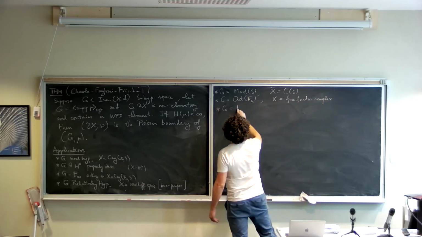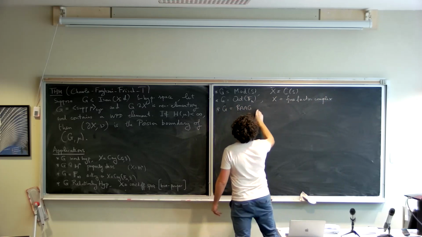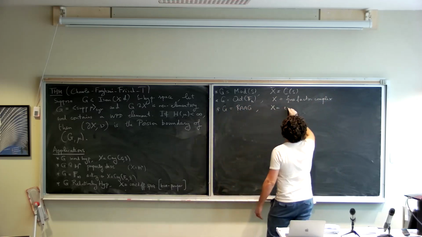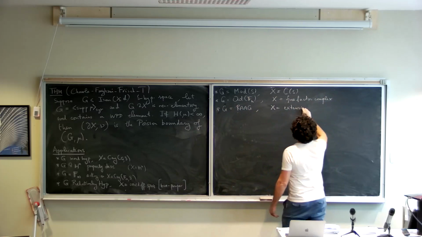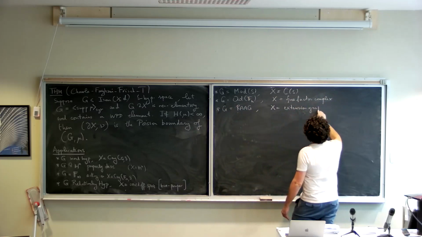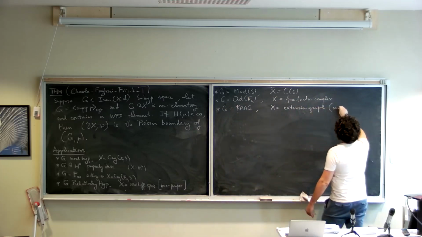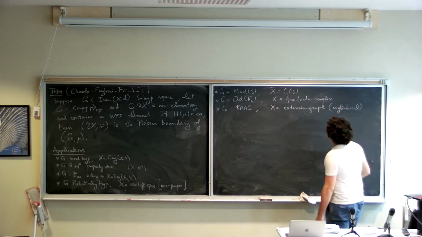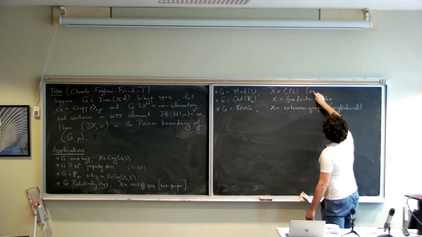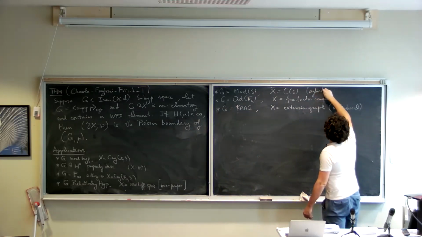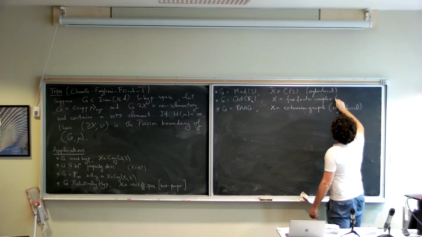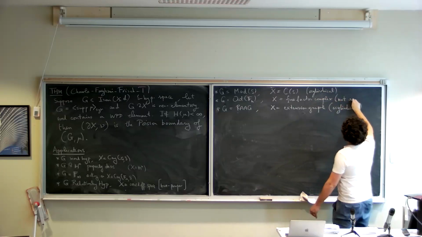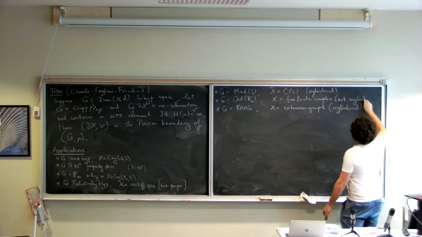G is a right-angled Artin group acting on the extension graph, for instance. In some of these cases, the action is acylindrical, I think. In this case, the action is not acylindrical, but WPD.